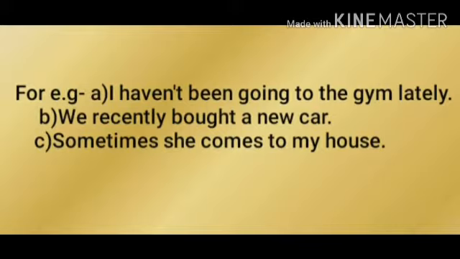Here recently is the adverb of time. Number C, sometimes she comes to my house. Here sometimes is the adverb of time and it has been given at the start of the sentence because here particularly the time has been pointed out. That's why the adverb of time here has been written at the start of the sentence.